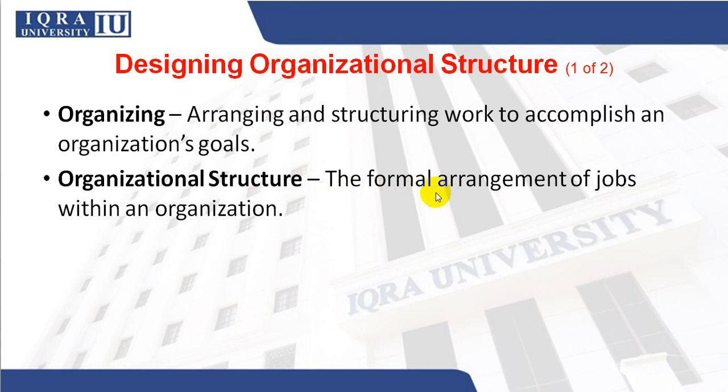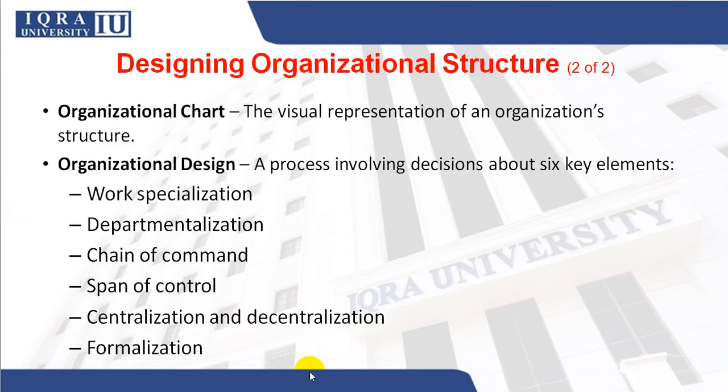Formal refers to the structure that's created by management for a specific purpose. Formal means the official outcome of the organizing function. It's like that, the linkages that have been created and the coordination activities that take place for achieving organizational goals are what organizational structure is.